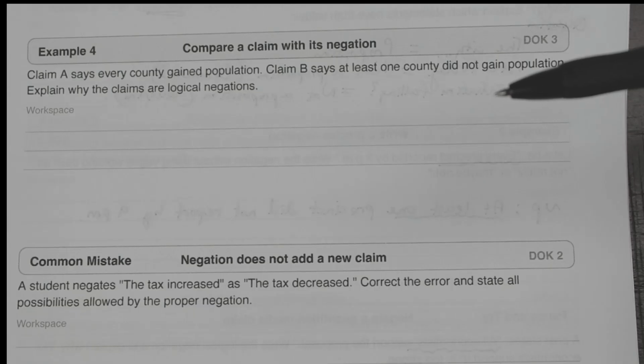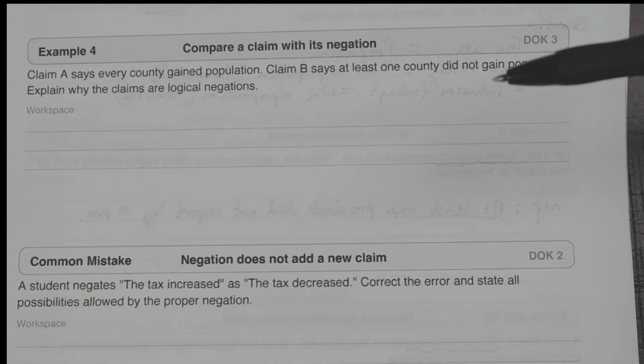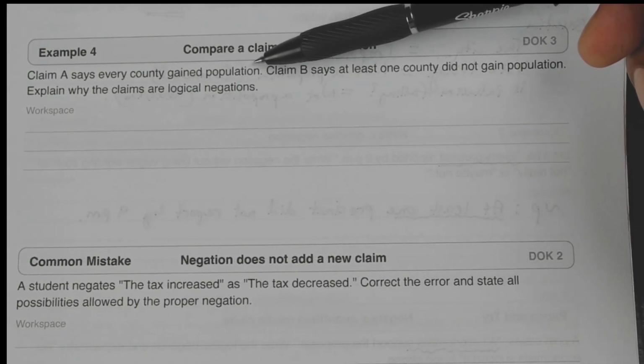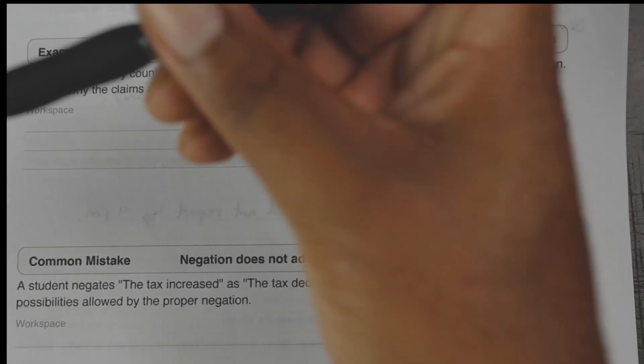But if claim B is true, if even one country did not gain population, then that makes claim A false. So they cannot both be true.